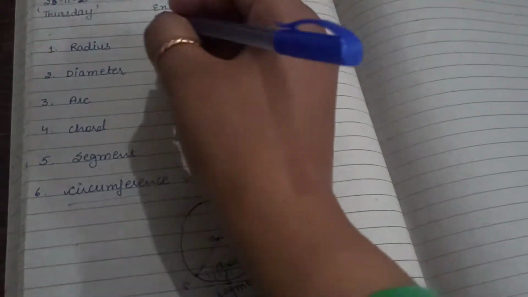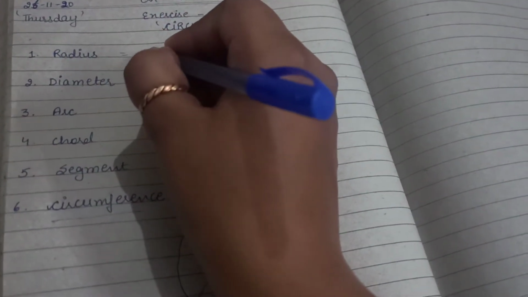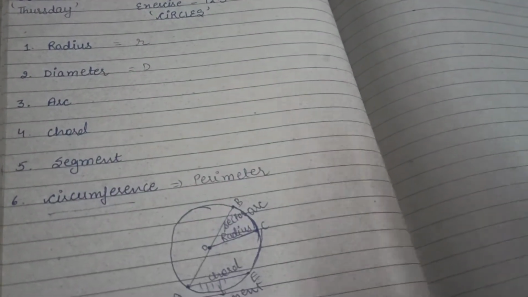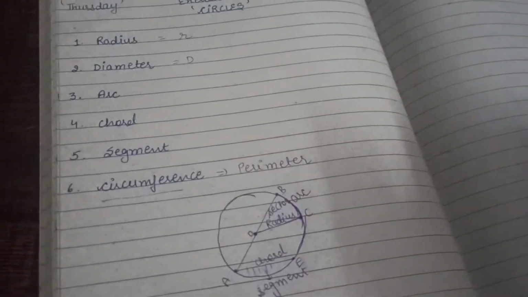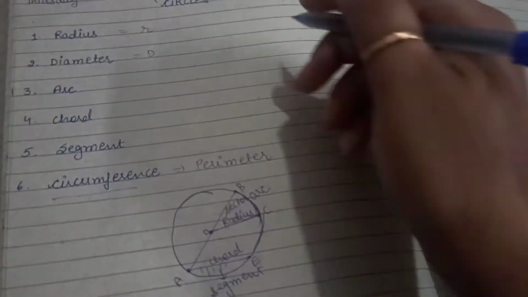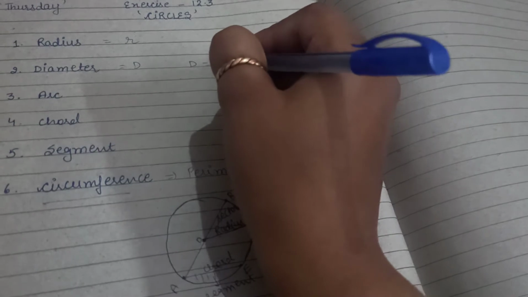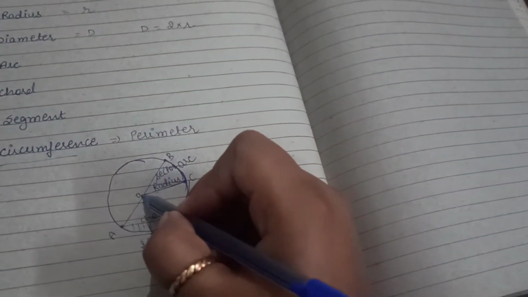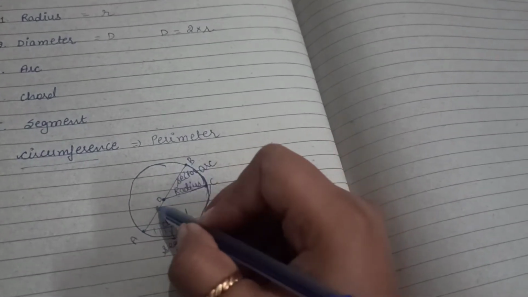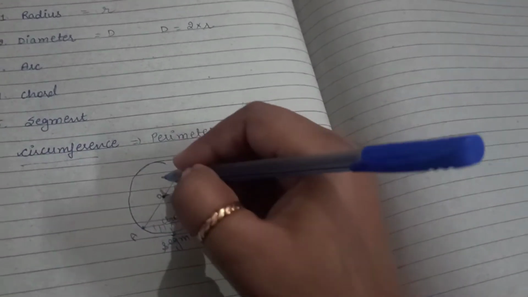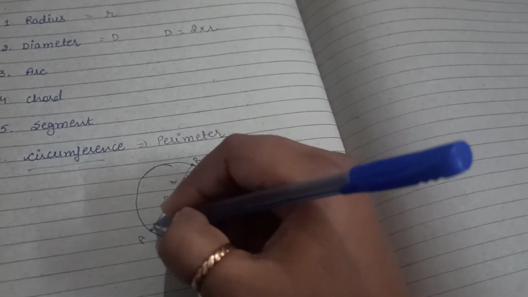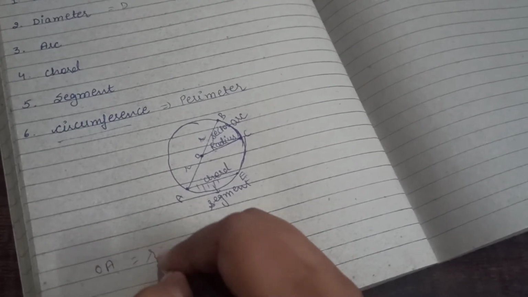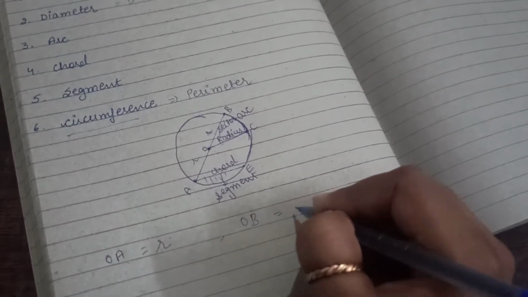Now come to radius. Radius we denote with R, diameter D. Everyone knows because from 4th class we are studying the same things, radius and diameter. Diameter is twice the radius. How does it come? See, when a point joins with the center, this is the radius, OA is also a radius, OB is also a radius.